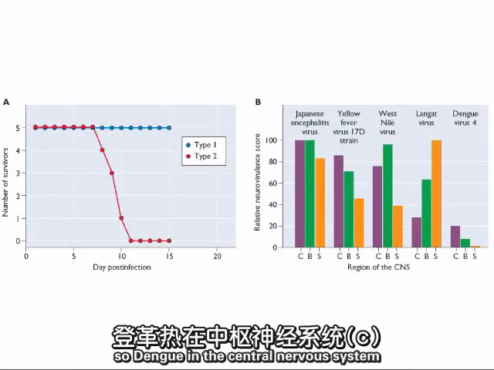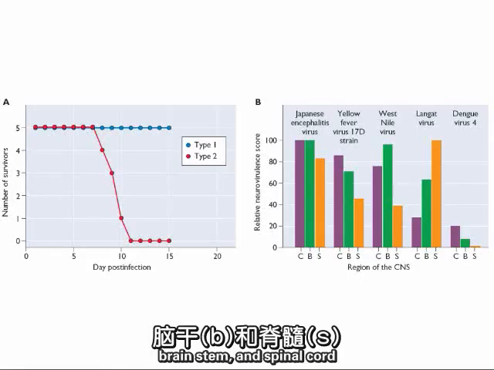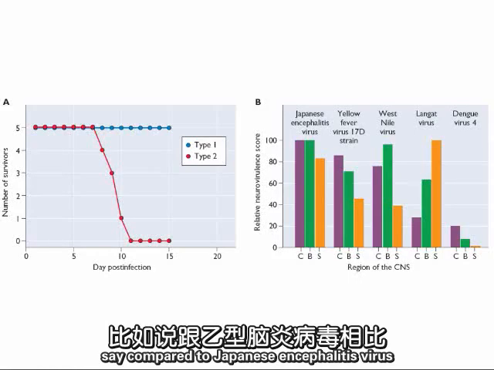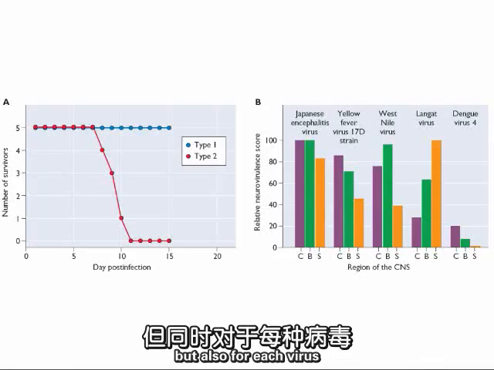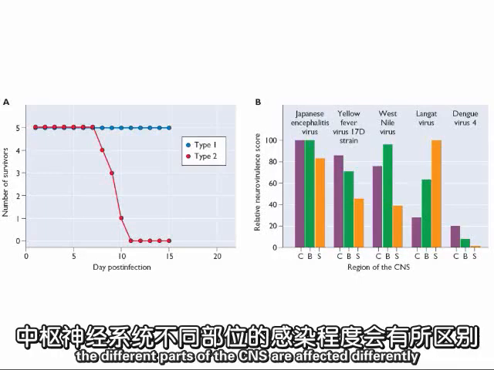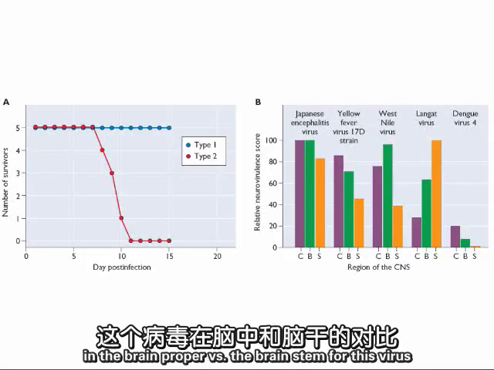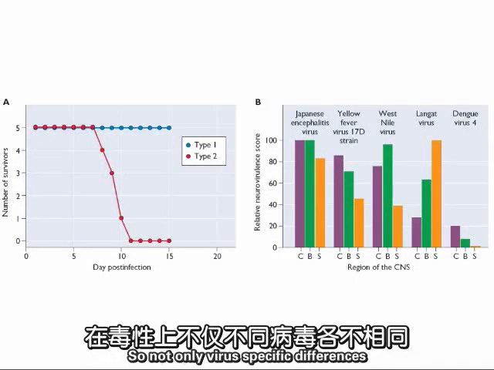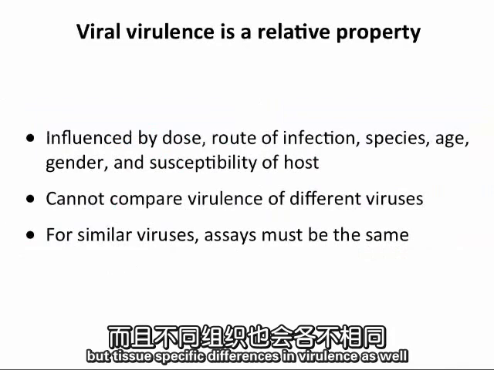So dengue in the central nervous system, this is cerebellum, or cerebrum, brainstem, and spinal cord. Very few lesions, say, compared to Japanese encephalitis virus. So from virus to virus, there's a big difference in virulence in the CNS. But also, for each virus, the different parts of the CNS are affected differently. You can see here differences in the number of lesions you see in the brain proper versus the brainstem for this virus. So not only virus-specific differences, but tissue-specific differences in virulence as well.